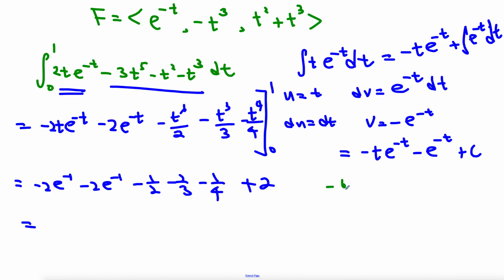So negative 6 over 12 minus 4 over 12 minus 3 over 12, so that becomes negative 13 over 12 plus 2. So we get 11 over 12 minus 4 over e, which becomes our final answer.